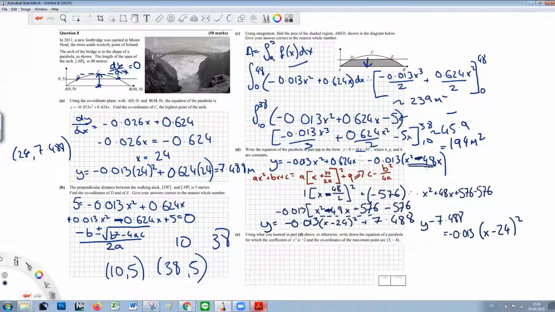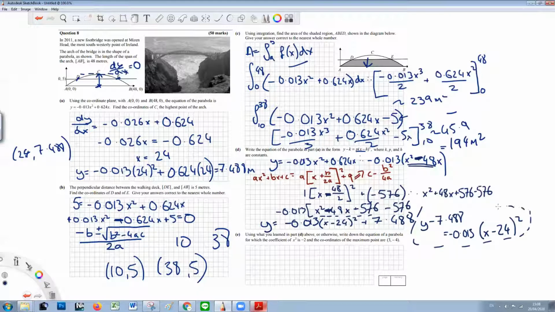The final one then says, using what you've learned in part D above, write down the equation of a parabola for which the coefficient of x squared is minus 2 and the coordinates of the maximum point are 3 and minus 4. So it says what we learned above, right?